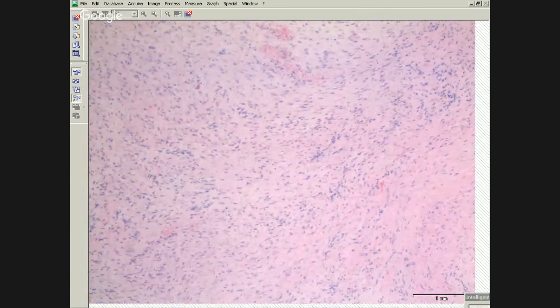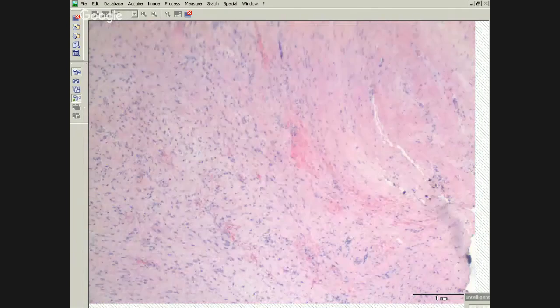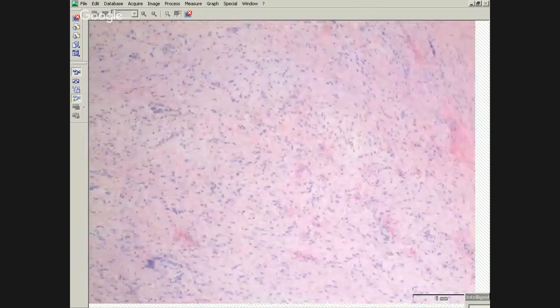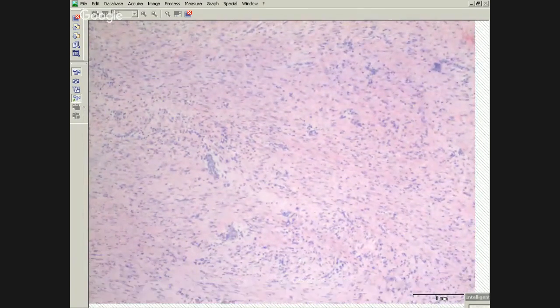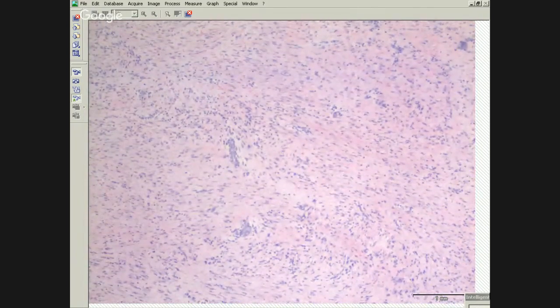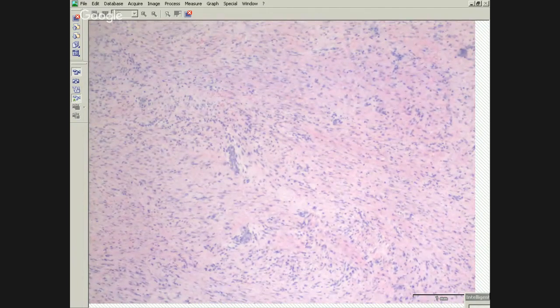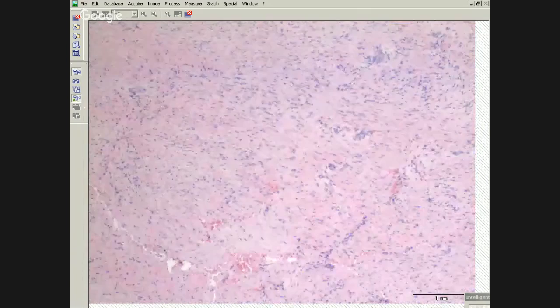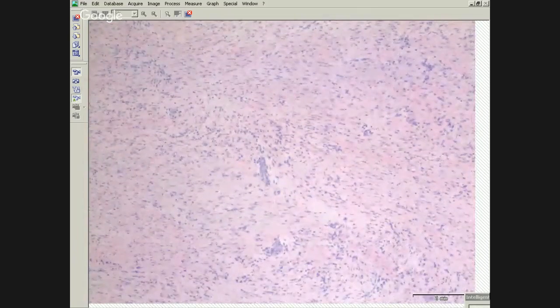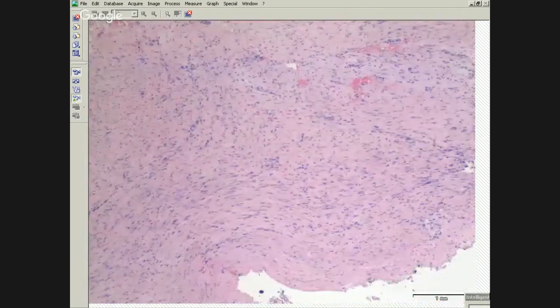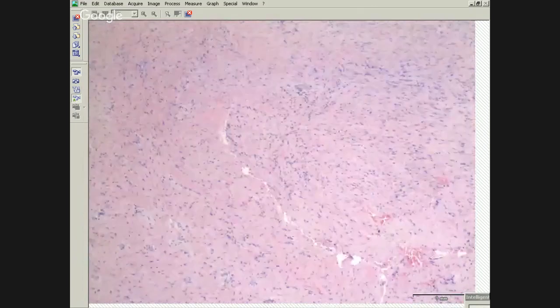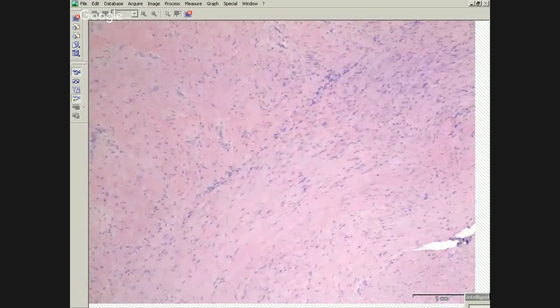It's again spindly. Spindly, bland, hypocellular. This is like a shredded carrot. It's not a granular cell tumor. No, I mean the neurofibroma. This doesn't have a neural look to me, I think.